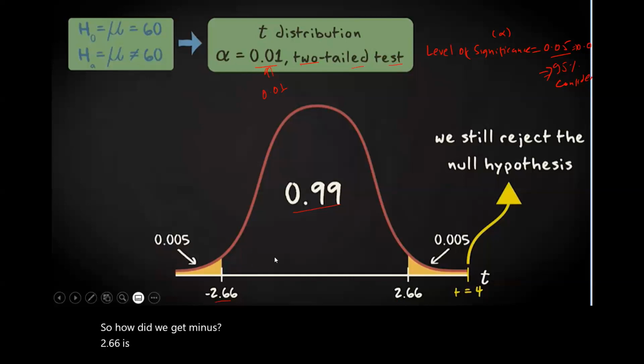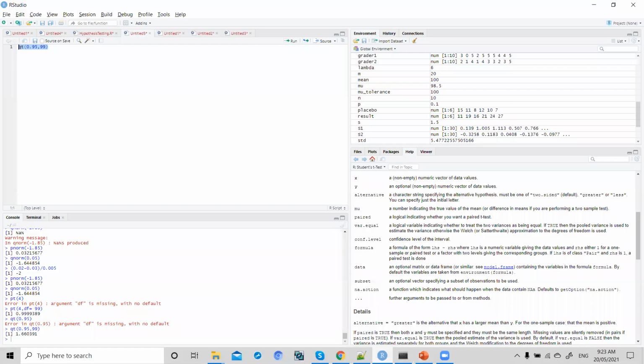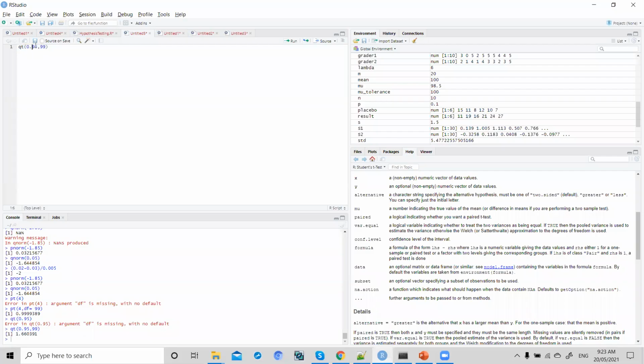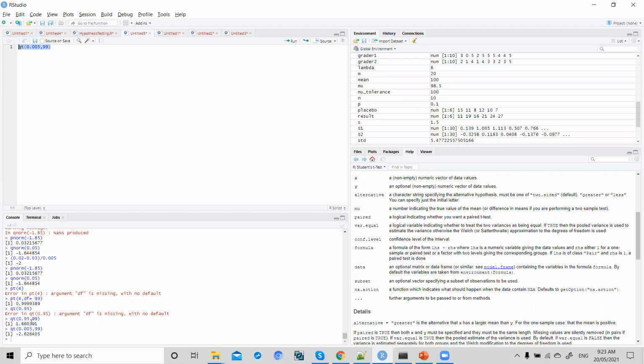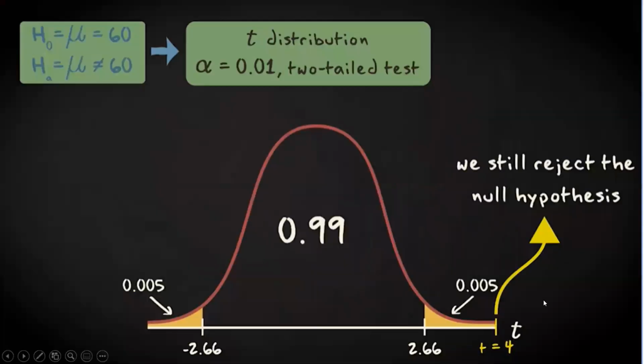If you look here, qt of 0.005 with the given degrees of freedom gives minus 2.62. So this rejection region is below minus 2.6, and we have got t equals 4, which lies inside the rejection region. So we can still reject the null hypothesis even if we choose our level of significance as 0.01.